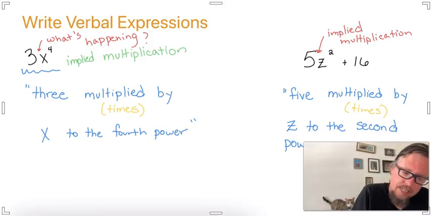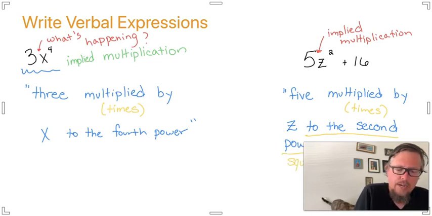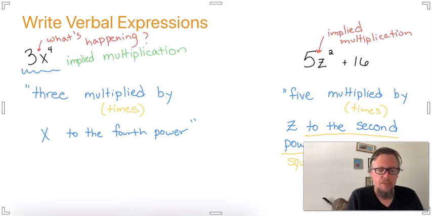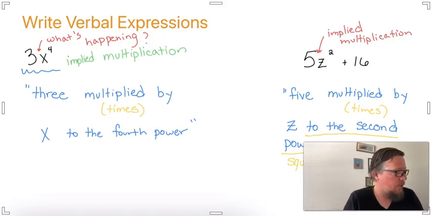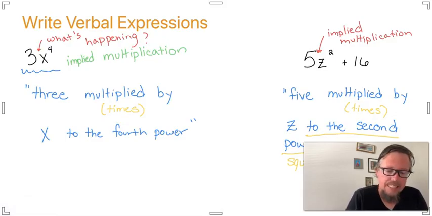We could say z instead of to the 2nd power, we could say squared, z squared. Both of those are correct. And then after that, we have an operation that is not multiplication because it's got a plus sign. So to the 2nd power plus 16.